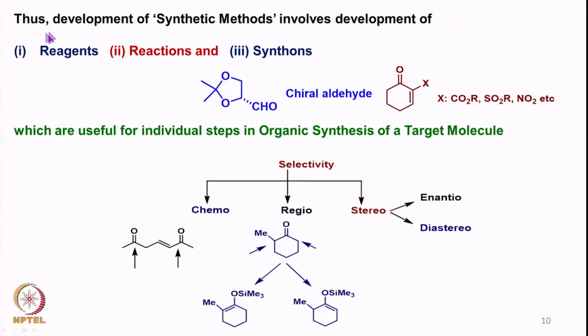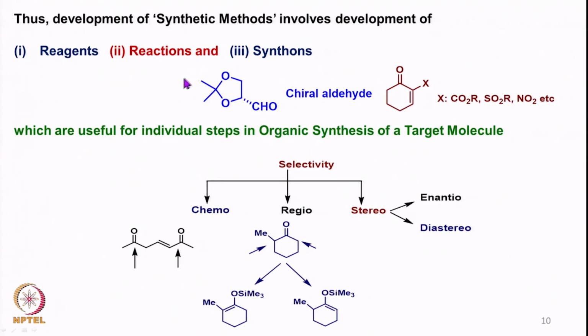Development of reagents means we need to develop reagents which are of general use or specific use. Then we have different reactions using those reagents which we can improvise or develop new reactions. And what is called a synthon? Basically a synthon is a synthetic intermediate.